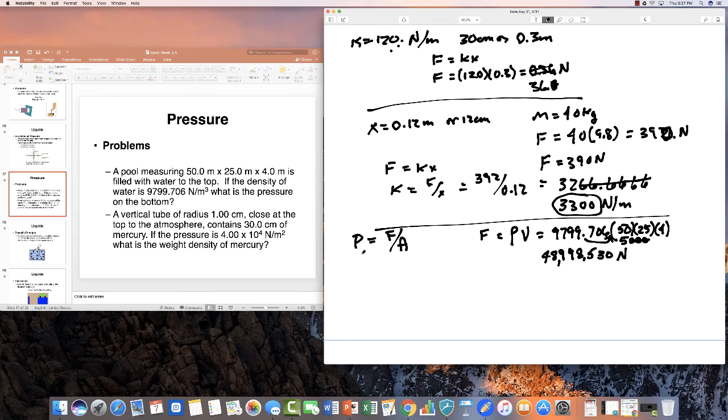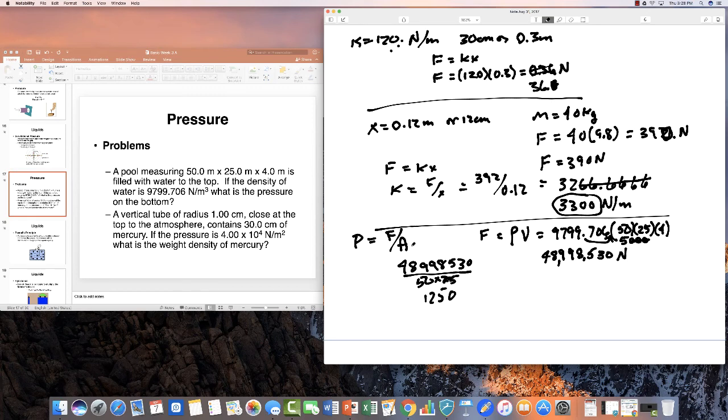And then to calculate the pressure on the bottom, you take that force, and notice I haven't done significant figures yet because I haven't finished the calculation, and divide it by the area, which is not the height, but just the length times the width, which is 50 times 25, and 50 times 25 is going to be 1250.